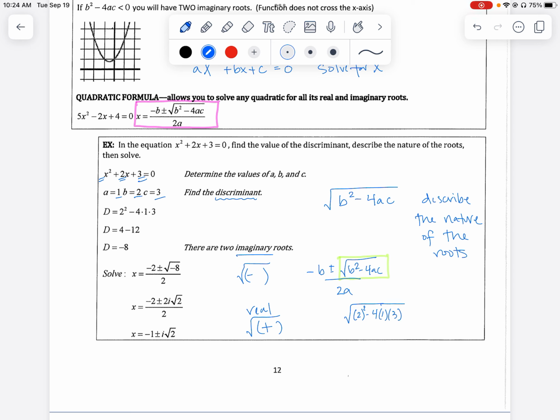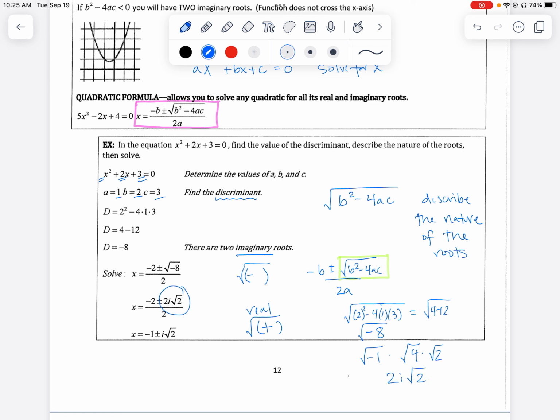And when we do that, we get 4 minus 12, which is the square root of -8. When we take the square root of -8, we have to simplify that into the square root of -1, square root of 4, square root of 2, and what I end up with is 2i square root of 2.